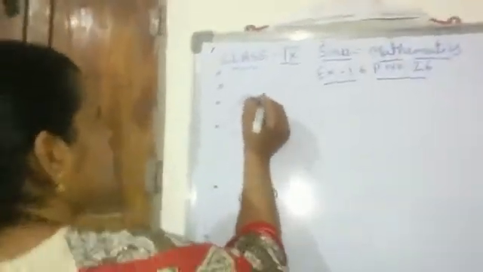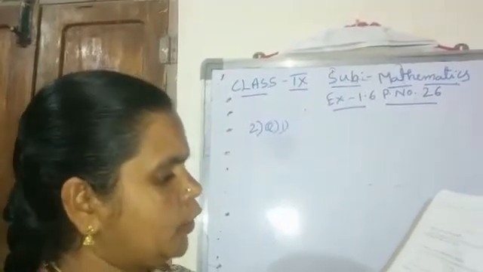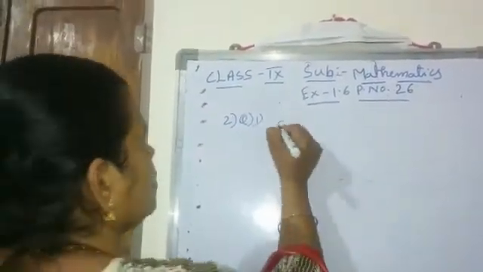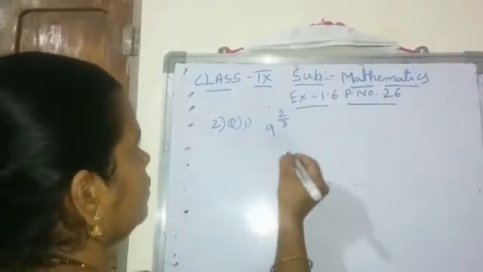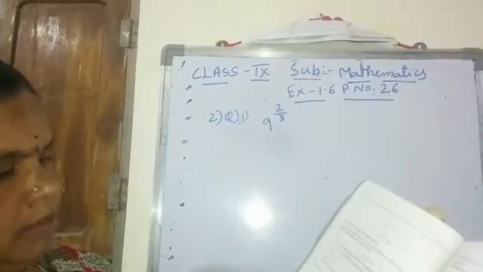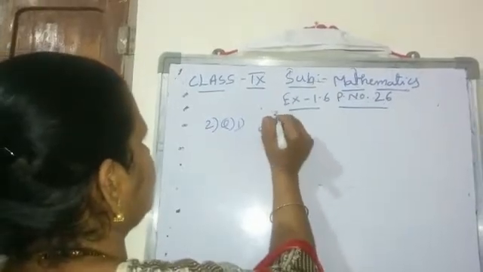See, second question, first one. Now see children, find 9 to the power of 3 by 2.